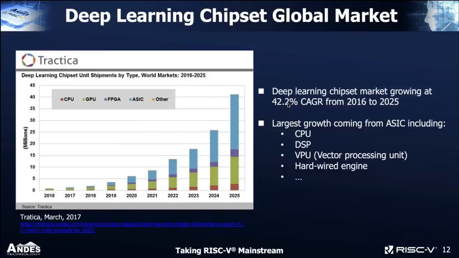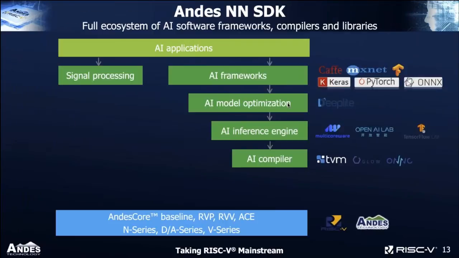Those are hardware. Now, how do we really use that hardware? So we're trying to enable software usage and decrease time to market. In this SDK, the neural network SDK works with the standard frameworks, from the hardware to standard AI applications and signal processing, AI frameworks and kernels.